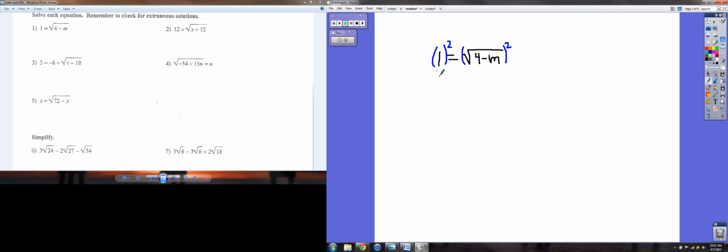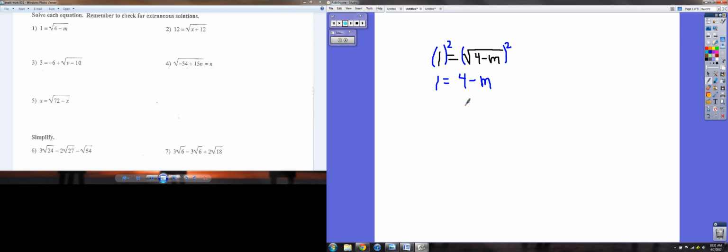So 1 squared is equal to 1, and that's equal to, well, this square undoes this radical, so we're left with whatever's underneath it. You don't have to square the 4 and the m because they're protected by this house right here, which is what's being undone by the square. So we're left with 4 minus m.